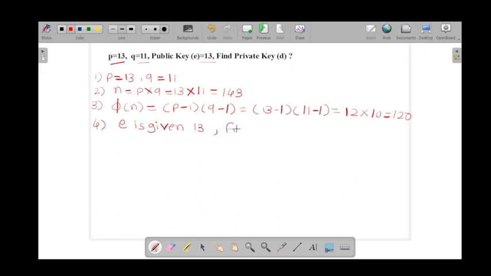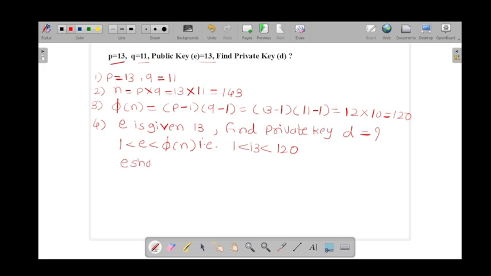So now our value of E is given and we have to find the value of our private key, which is our value of D. According to the RSA algorithm, our E is between 1 less than E less than phi of n, that is 1 less than 13 less than 120.